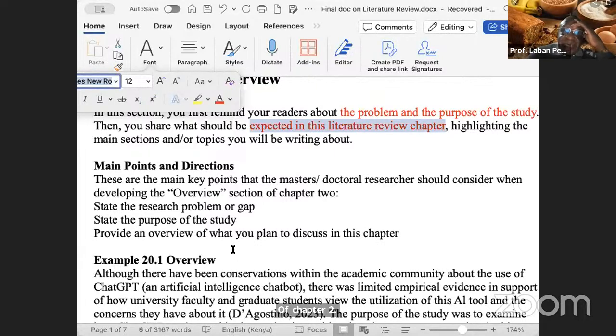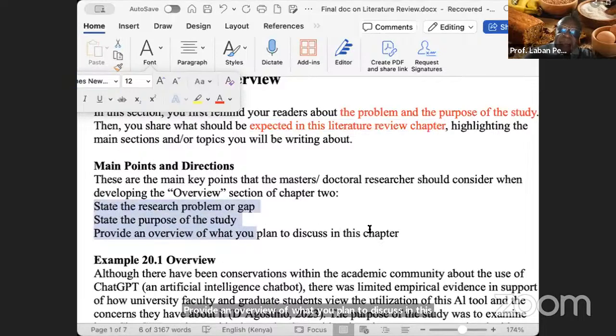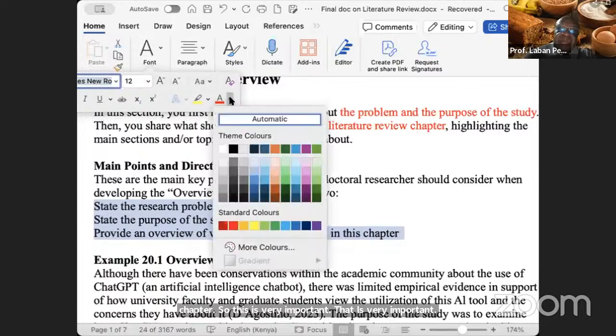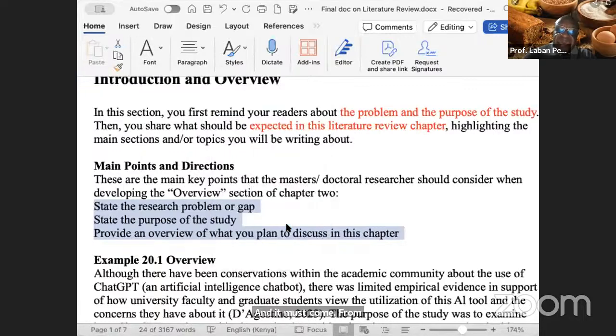So I'm repeating. State the research problem or gap, state the purpose of the study, provide an overview of what you plan to discuss in this chapter. That is very important, and it must come from you.